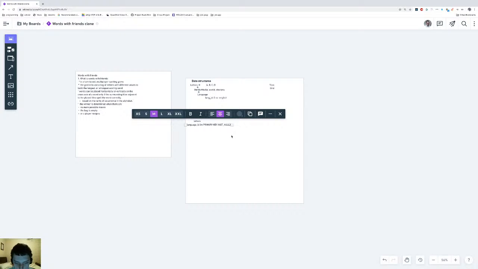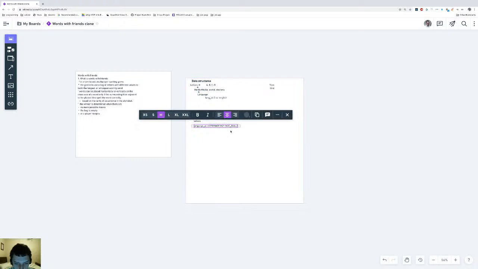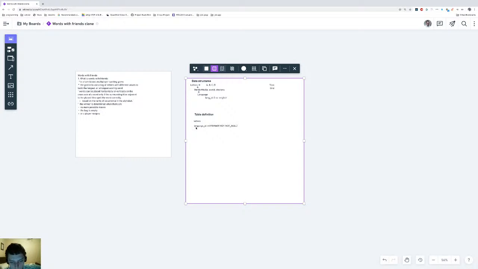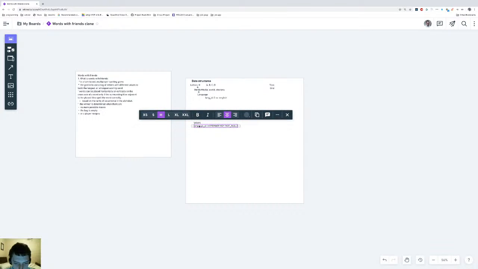I wouldn't put that in parentheses, but I've had some cases where inserting something into this would cause it to fail. Ideally, you would want this to be not null. You would want this to be associated with some language at times. You'd need a primary key. No, sorry, this is a foreign key.